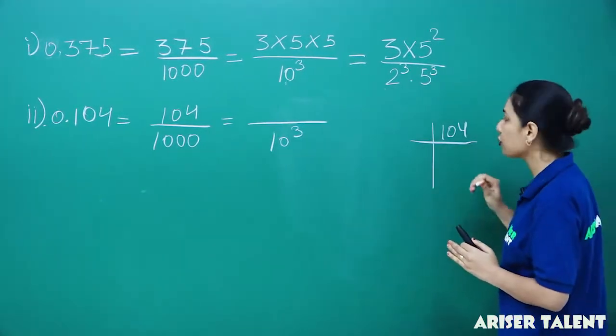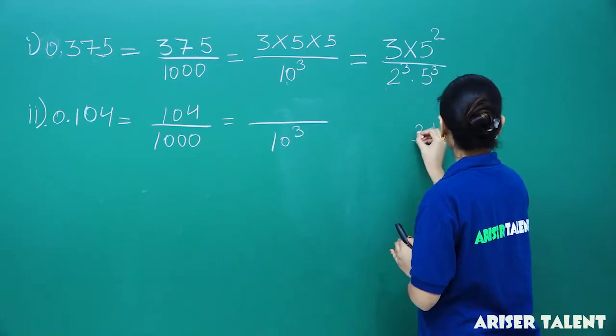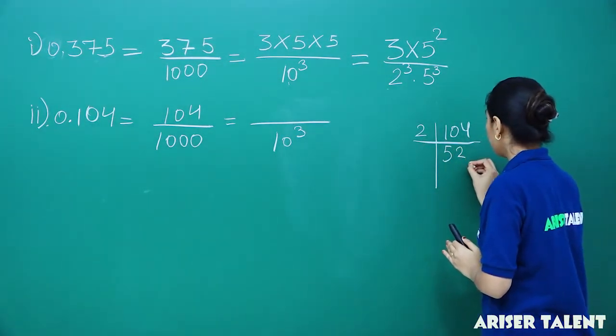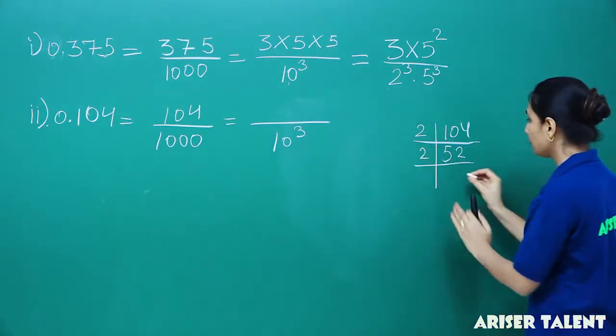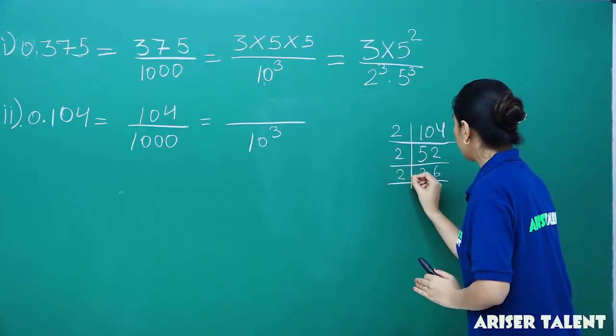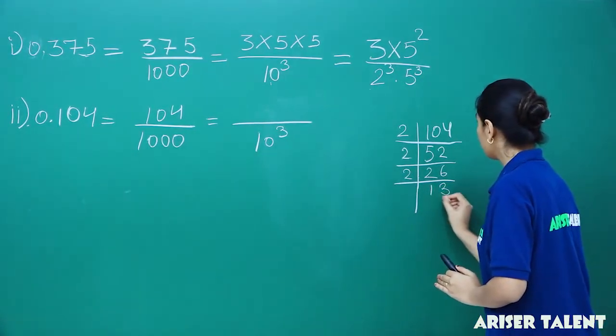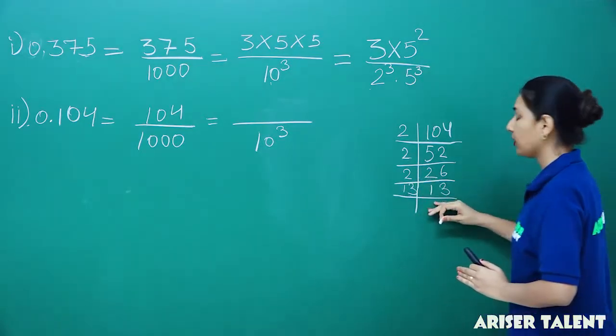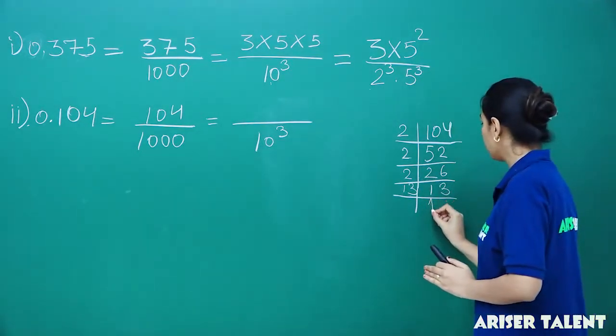We will do the factorization here. Divisible by 2, 52, then divisible by 2, 26, then divisible by 2, 13, and because 13 is a prime number, we get 1.